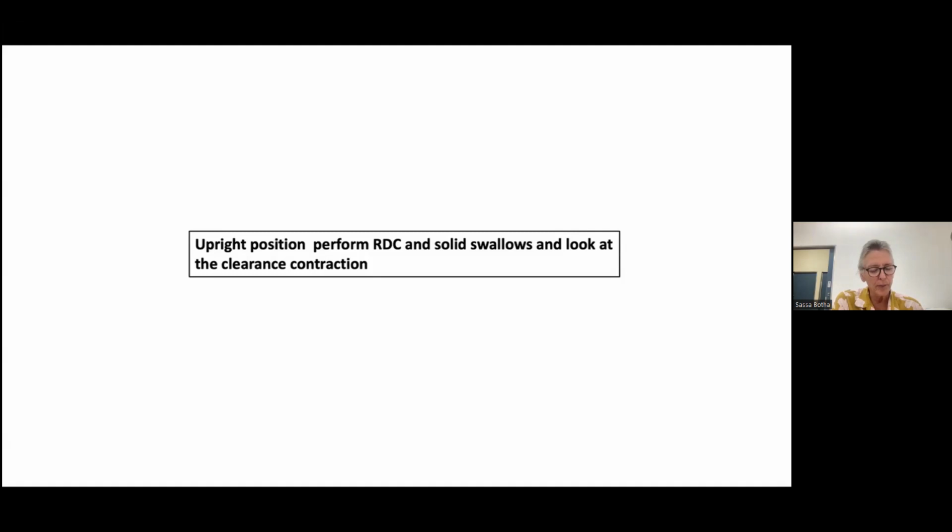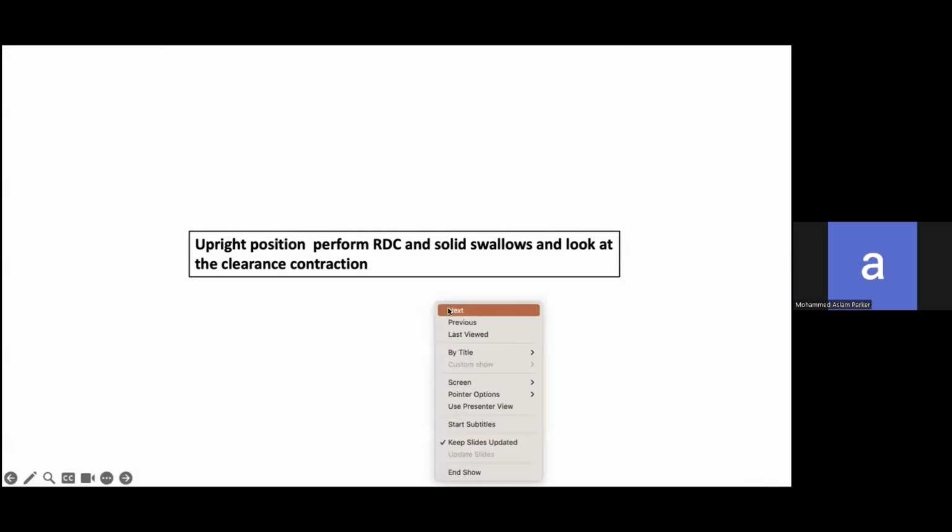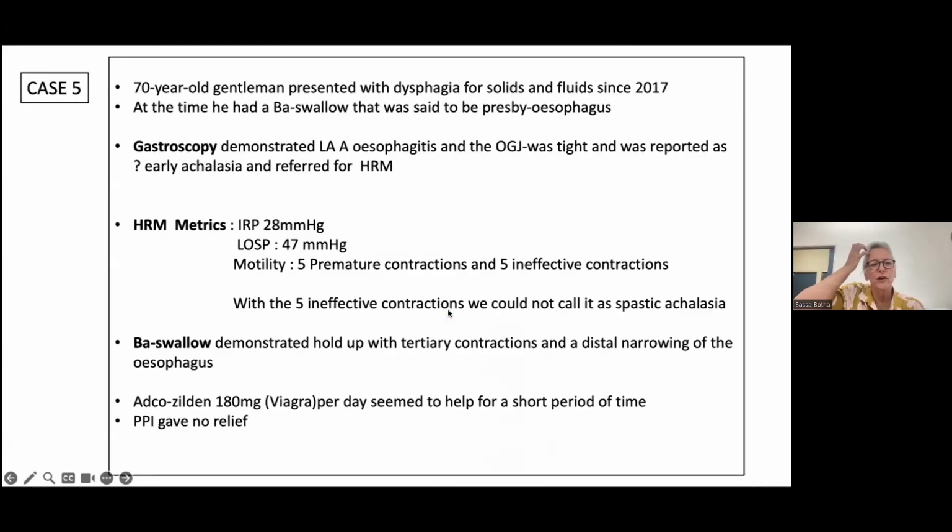So your primary position, you can choose if you want to start upright or supine. The primary position that we use is supine. So you do 10 wet swallows in the supine position, and then you do the multiple rapid swallows also in the supine position. But then you put them in an upright position to perform the rapid drink challenge and the solid swallows. That's then part of your Chicago 4.